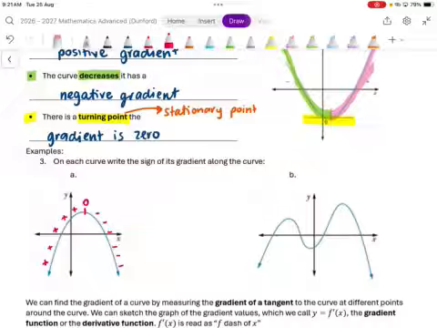Do you think you can give B a go at putting plus and minuses and zeros along it? I'll give you 30 seconds to give that a go. The easiest thing is to find your zeros first.